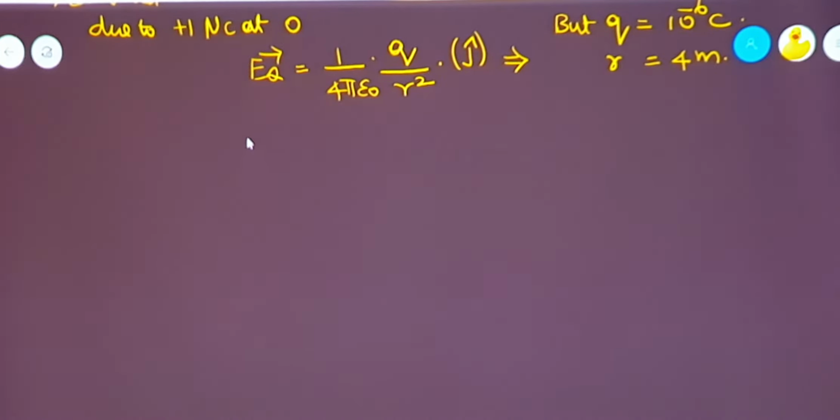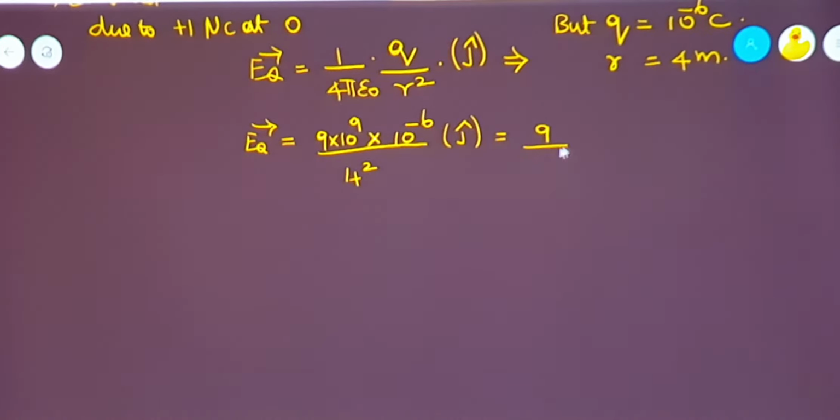What is this value of EQ vector? EQ vector will be then equal to 1 by 4 pi epsilon 0. You can substitute as 9 into 10 to the power of 9. What is this Q? 10 power minus 6, divided by what is R square? It is 4 square. And the direction is J cap.